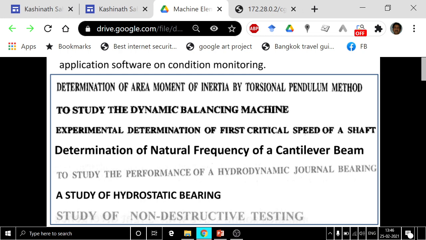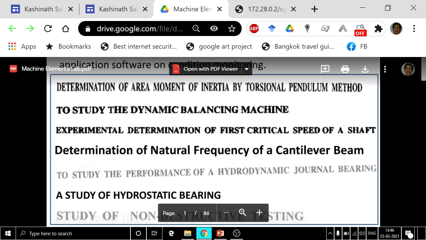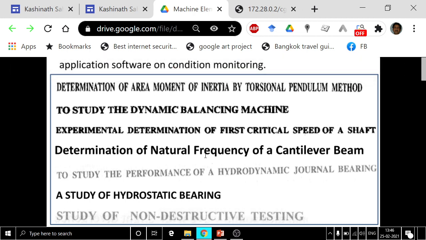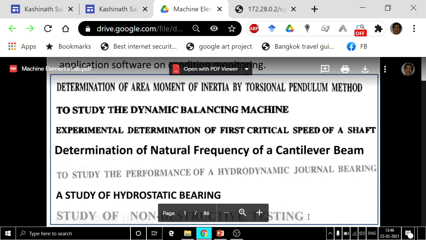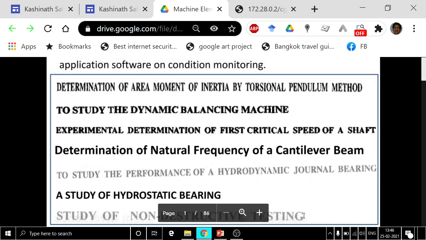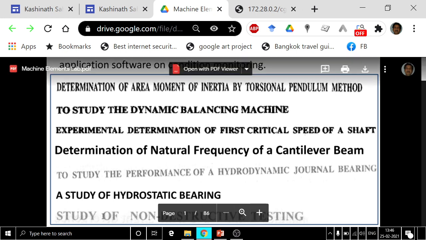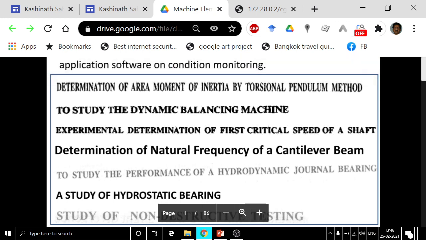The theoretical part is covered in your theoretical subject, dynamics of machines. Similarly, the natural frequency of a cantilever beam, its experimental determination, we will carry out here. And the last one is non-destructive testing, just to witness how to carry it out.